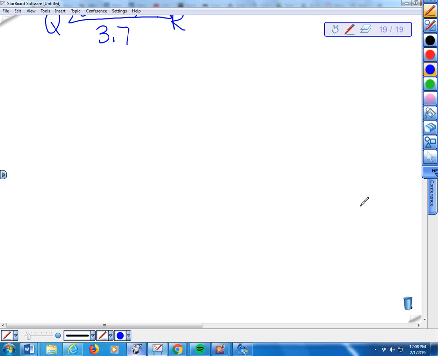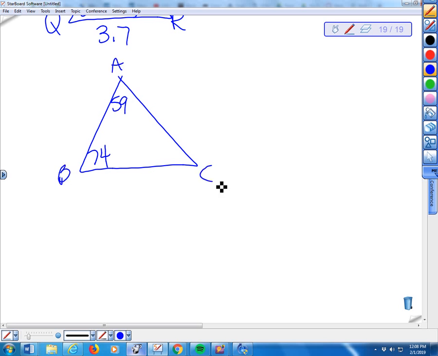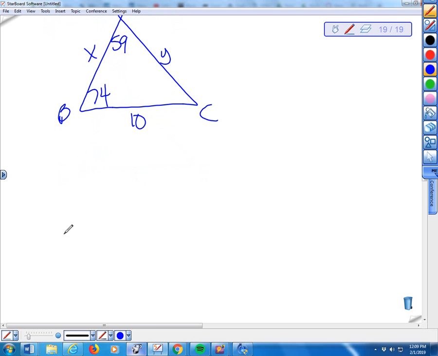Number 9. Find the side lengths that are missing. So I'm just going to do, again, this angle is 47.